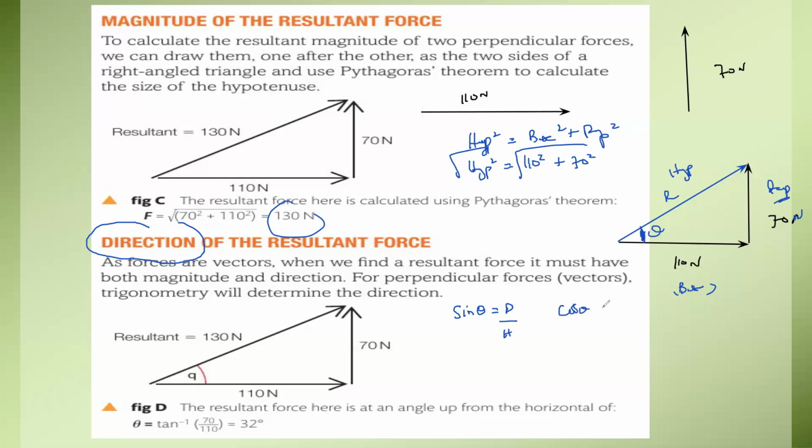Cosine theta is base over hypotenuse, and tangent theta is perpendicular divided by base. So these are the trigonometric ratios. You can remember them from 'some people have curly brown hair till painted black.' That's just a simple way to remember these.